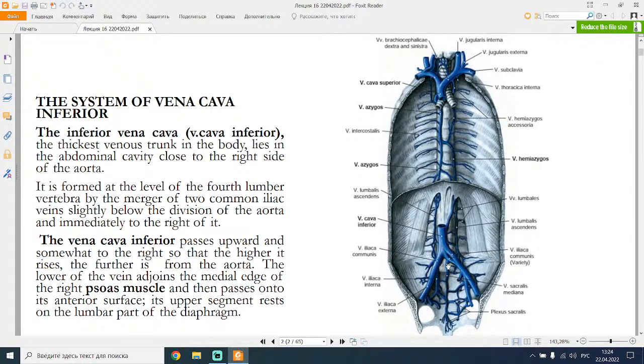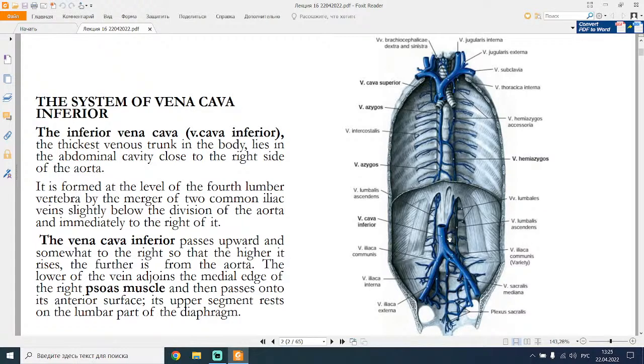The vena cava inferior passes upward and somewhat to the right, so that the higher it rises, the further it is from the aorta. The lumbar part of the vein adjoins the medial edge of the right psoas muscle, and then passes onto the anterior surface.